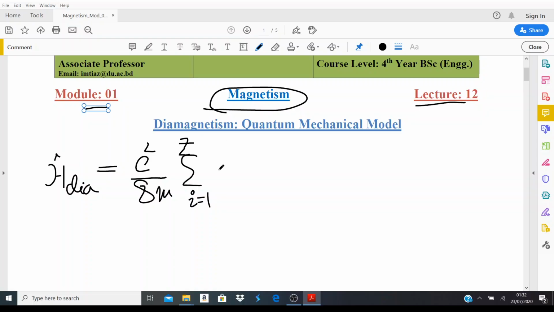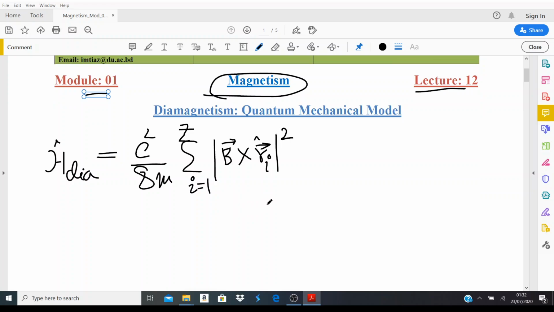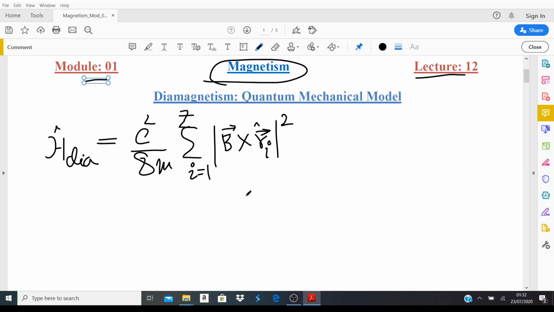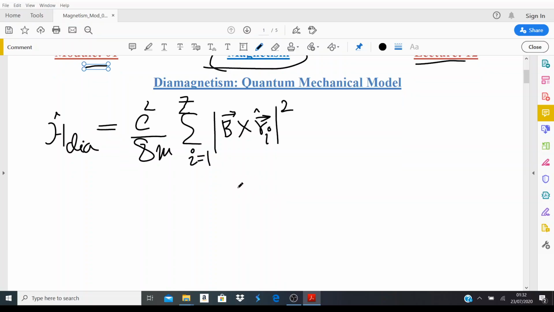Then the magnitude of the vector product between the magnetic field and the position vector of the ith electron, squared. So that's the diamagnetic Hamiltonian. We need to simplify this expression a bit more, so let's progress with this part of the expression.